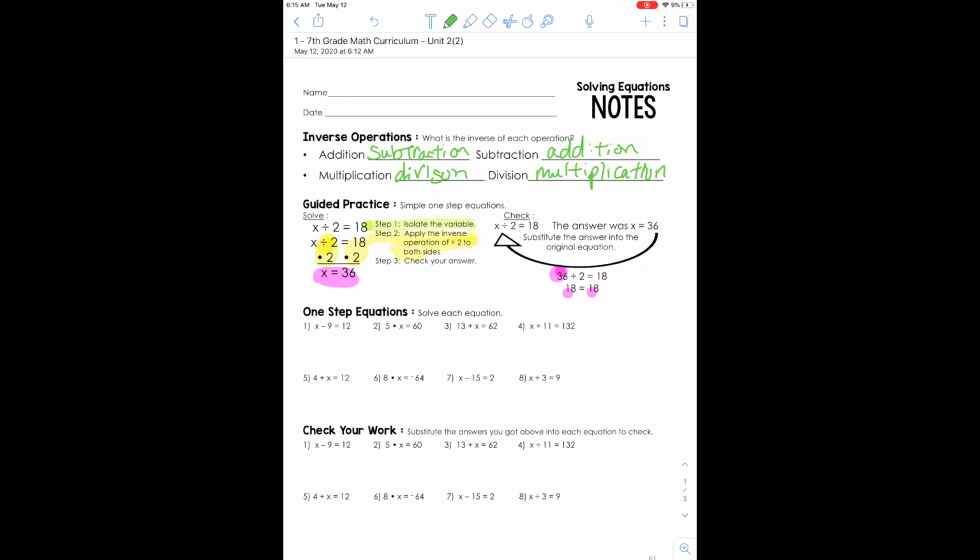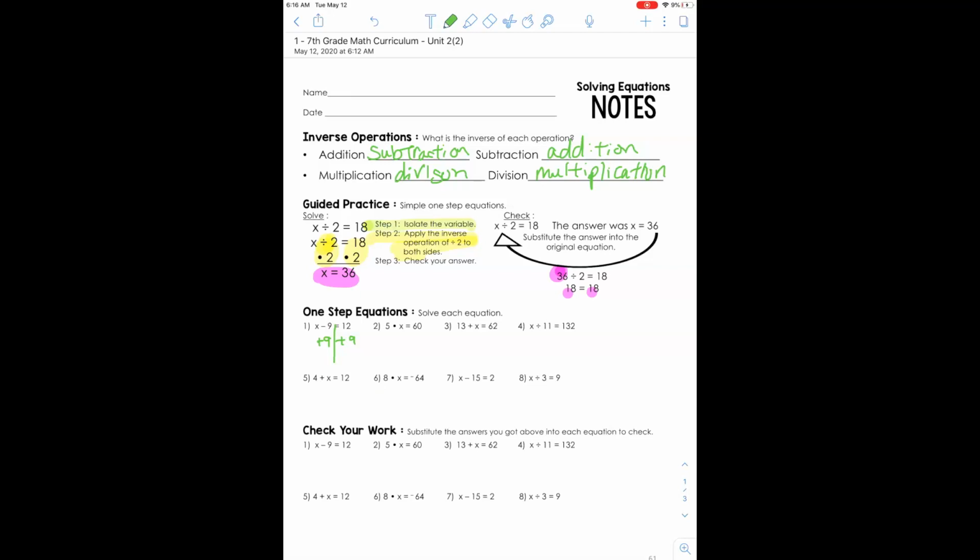So the inverse operation of subtraction would be addition. So we add 9 to each side. Sometimes it's easier to draw a line down to separate out our sides. So now, what do we have left on this side?